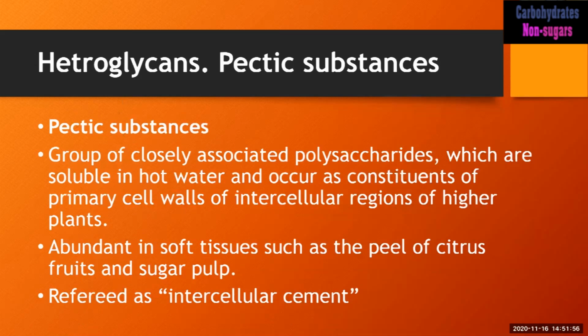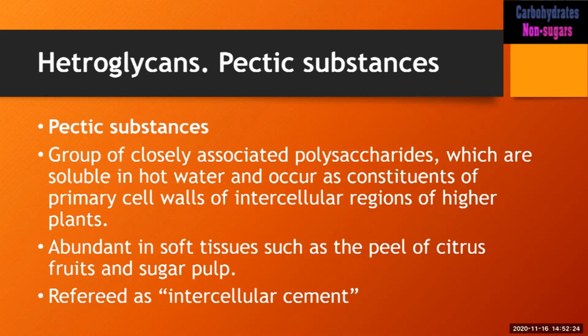Then comes the heteroglycan. Heteroglycan means where different types of monosaccharide molecules are linked together. The first one is pectic substances. Pectic substances are mainly polysaccharides which are soluble in hot water, and they occur as a constituent of the primary cell wall and intercellular region of higher plants.